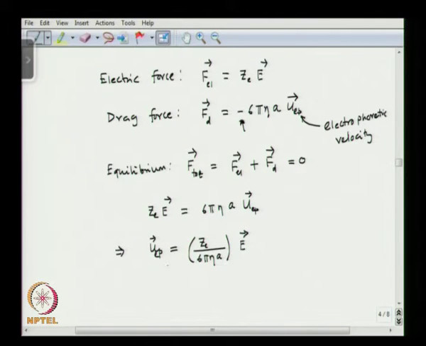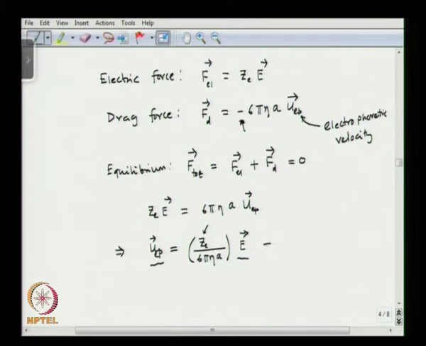So you can see that the electrophoretic velocity is aligned with the electric field if it is a positive charge particle, and it will be in the opposite direction if it is a negative charge particle, okay.